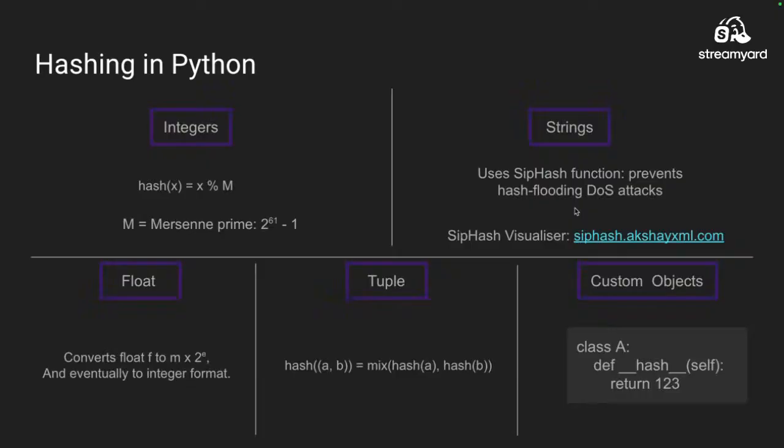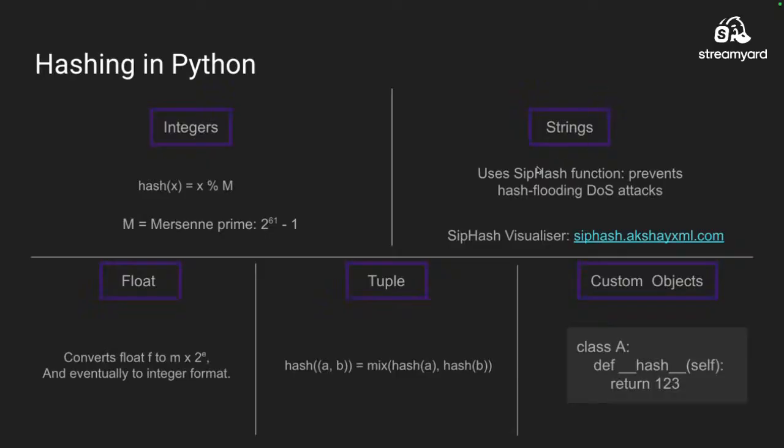When that happens, you will be mapping all the keys to the same index, and the time required to fetch or add new entries will significantly increase since the clustering problem starts occurring. To prevent that, there's this SipHash function which makes it difficult for the attacker to find two strings that map to the same index.